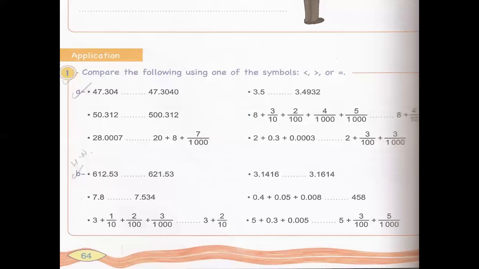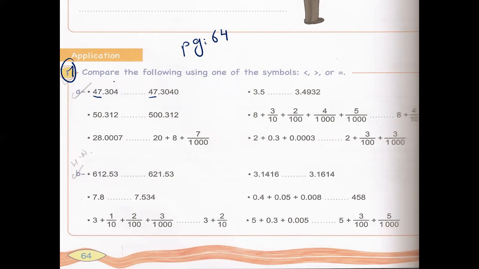Now let's do exercise 1, page 64. Compare the following by using less than, greater than, or equal. 47.304 and 47.3040. The whole part here is 47 and here it's 47. Both of them are the same. So what shall I do? We look at the decimal part. Before I start comparing them digit by digit, we should count.